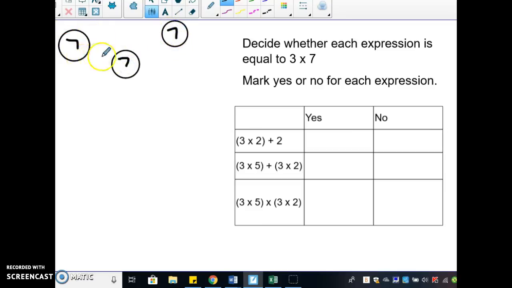I know 7 plus 7 is 14. Plus the other 7, well, let's break it down. 14 plus 6 would be 20, plus 1 more would be 21. So I know that 3 times 7 equals 21.